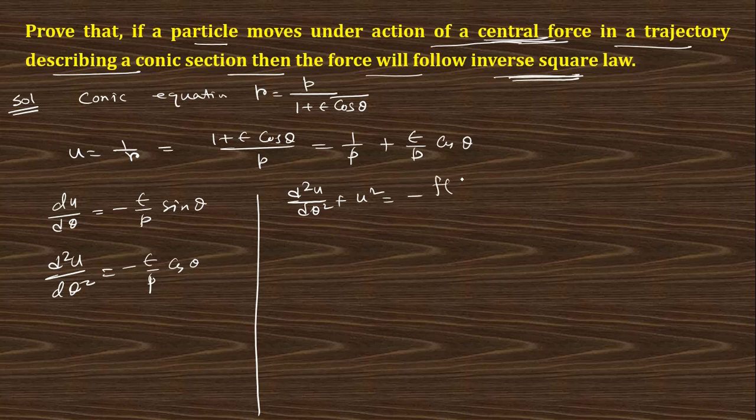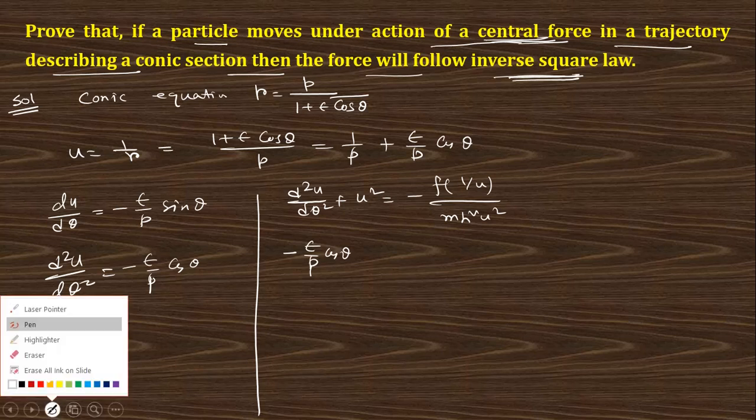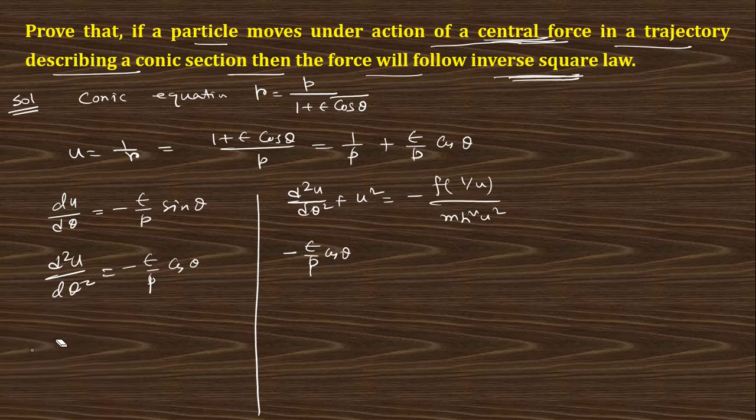minus f of 1 by u over m h square u square, right? So this gives you minus epsilon by p cos theta and plus u. Sorry, this is not u square, this is u.